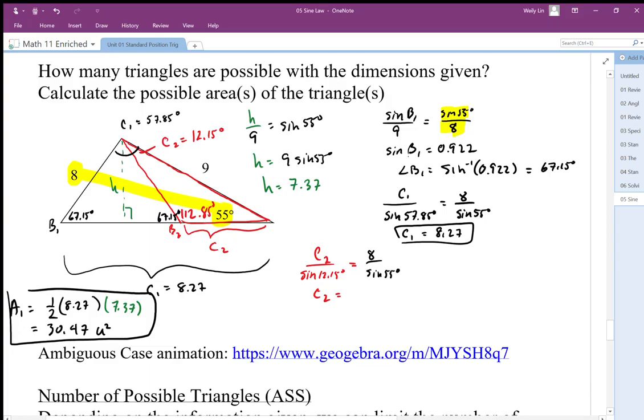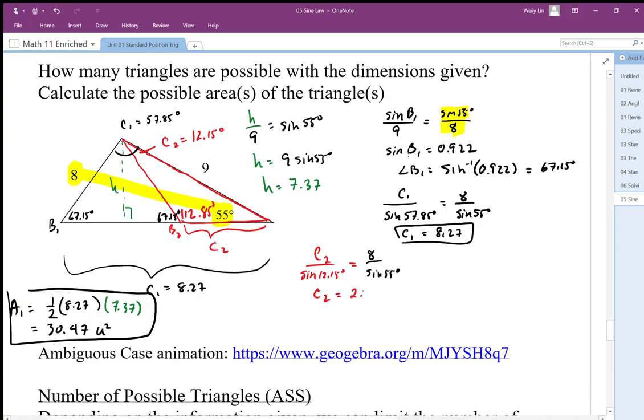When I cross multiply, I get sine 12.15 times 8 divided by sine 55 degrees, and I get 2.06.